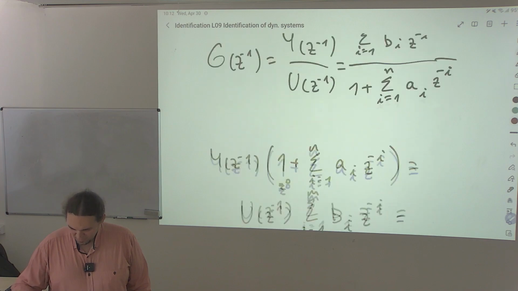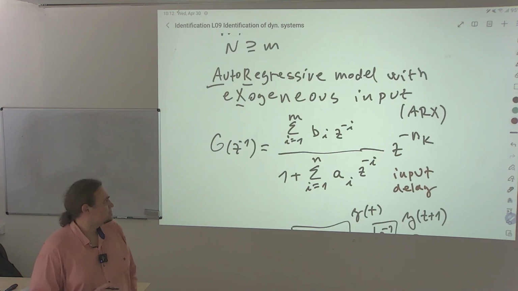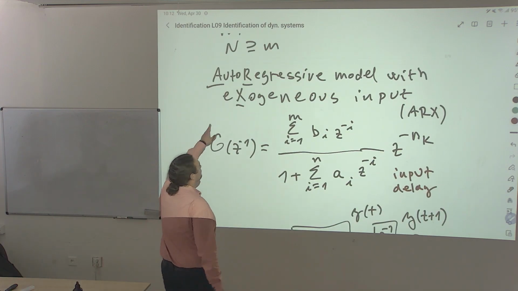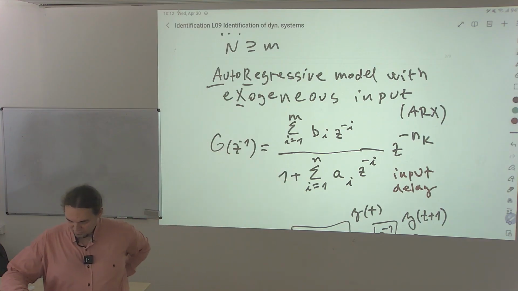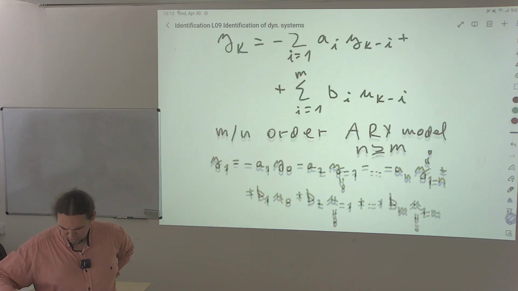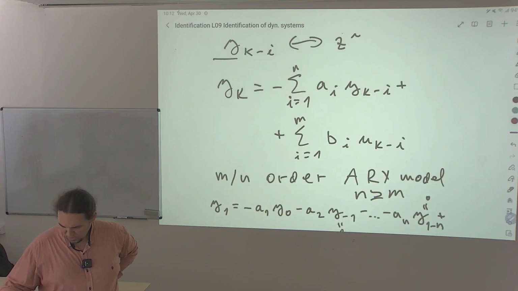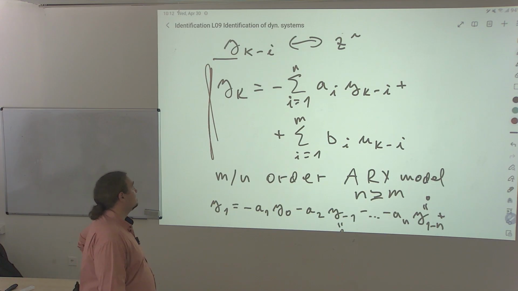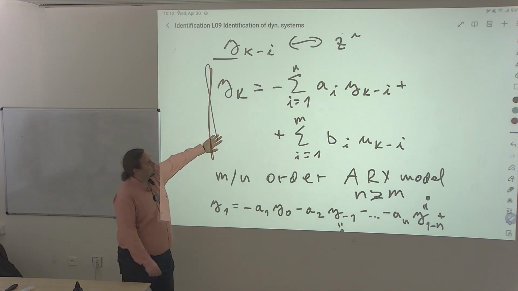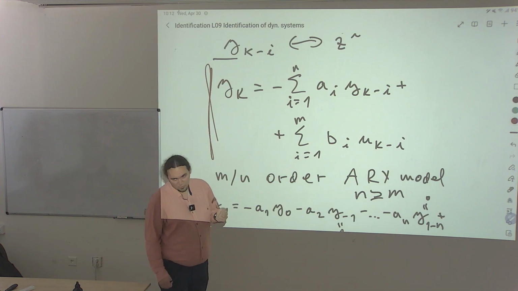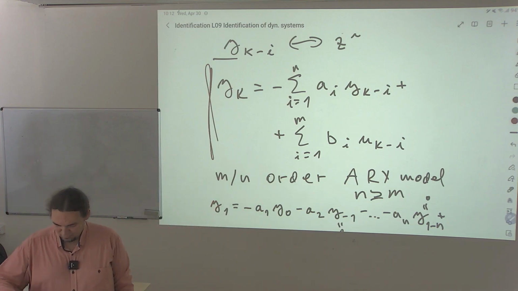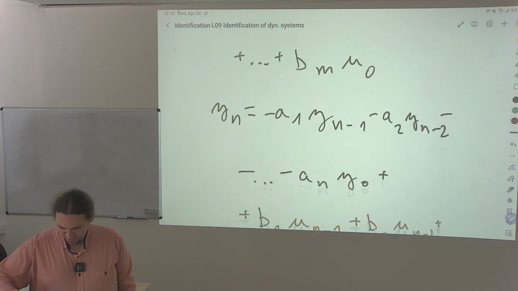In a similar fashion as our autoregressive model with exogenous input was formulated, just to remind, what was our formulation? At the end of the day, its prediction equation looked like this. So now we are adding some moving average. What kind of moving average?